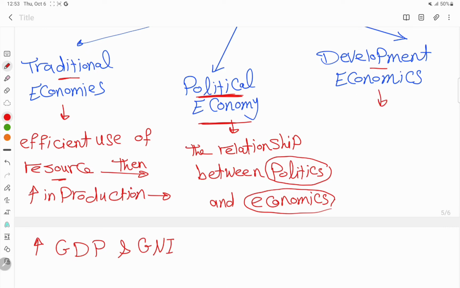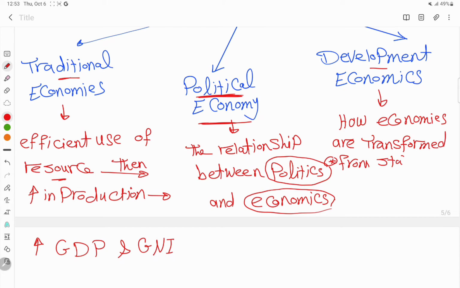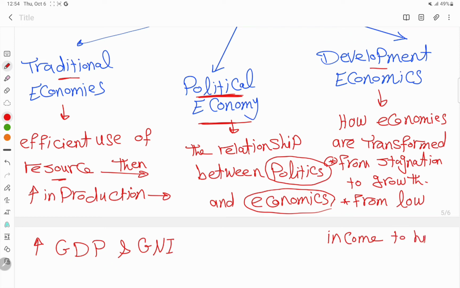Development economics is concerned with how economies are transformed from stagnation to growth, and from low income to high income.